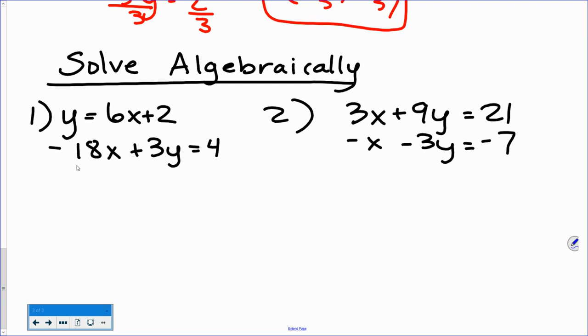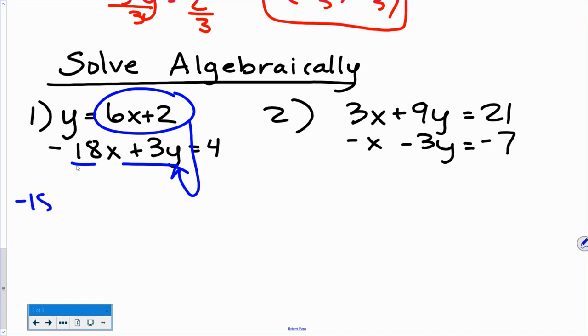Okay, so you would have to subtract 6x to the other side with y, and then you could multiply and do some elimination. All right, to me, that's an extra step. If I already have a variable alone, I might as well just plug that in and replace the y in the other equation. So it's ultimately up to you, but most students would probably choose to do substitution here.